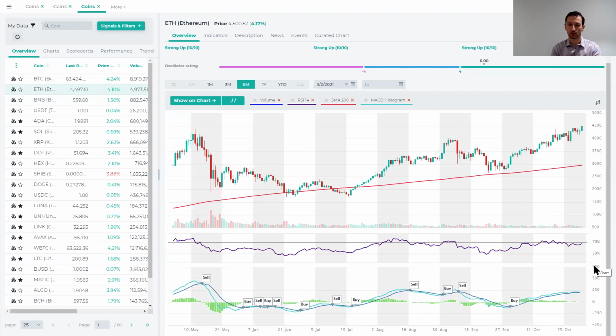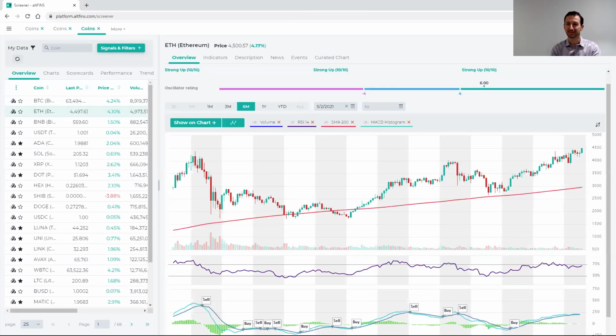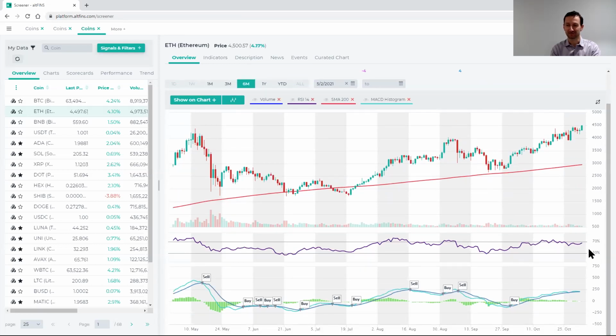So let's take a look here with the Ethereum chart. If you imagine, I wish I had my tools, I can't find them anymore, but I would draw a line at the 50 level.